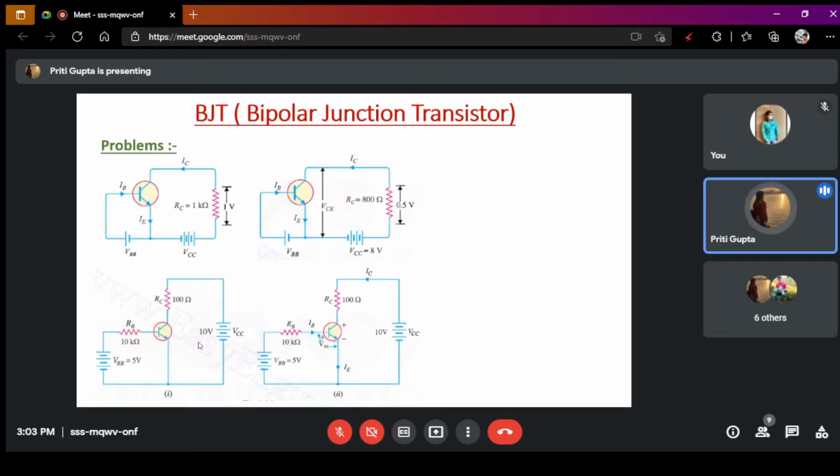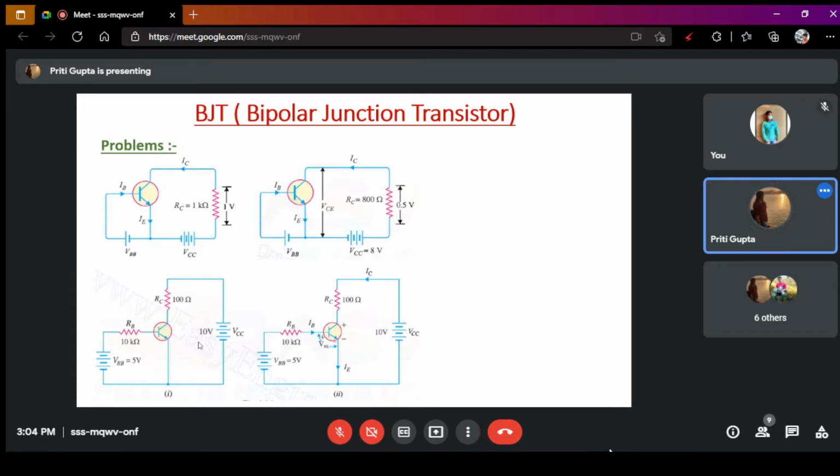VBE we all know the value is 0.7 volt. Calculate it. 2.85 volt.